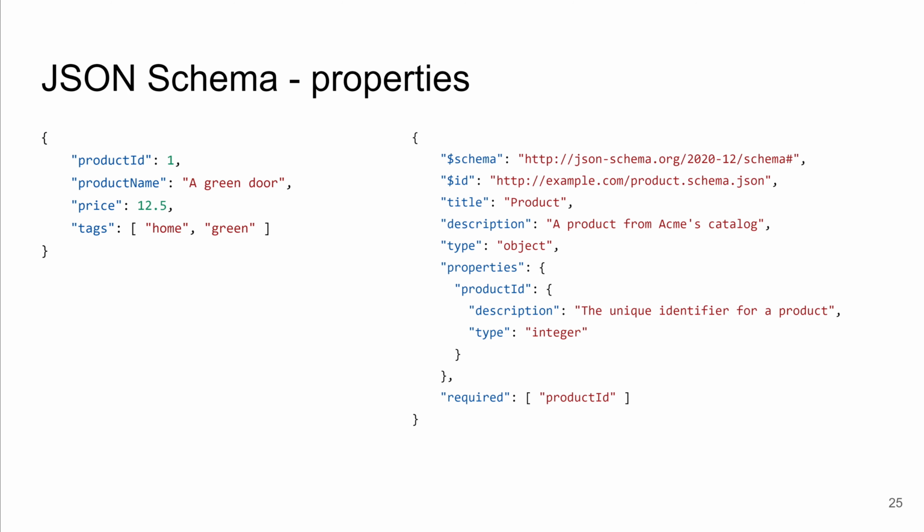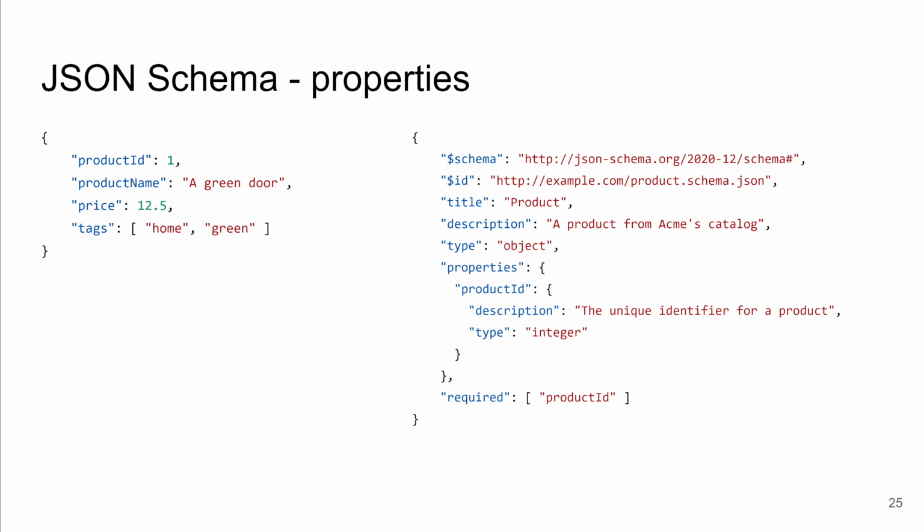So here we have the schema from the last example, but we added the properties key value pair, and inside the properties object, there is product ID defined and it is annotated. It has a description and it says that the product ID is the unique identifier of a product, and there is a validation keyword, again type, and it says that the product ID is an integer.